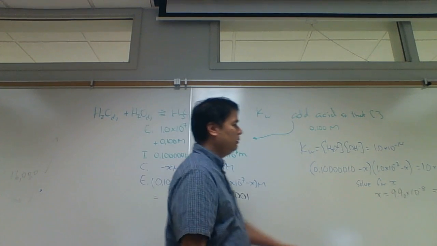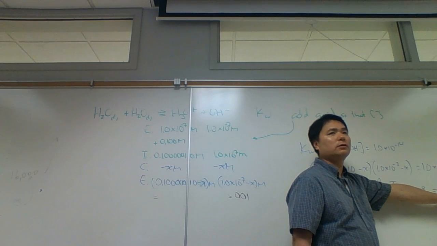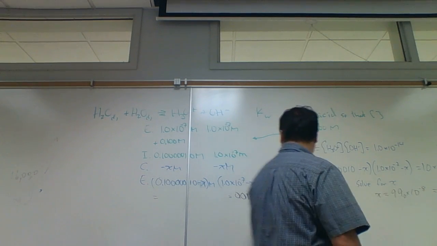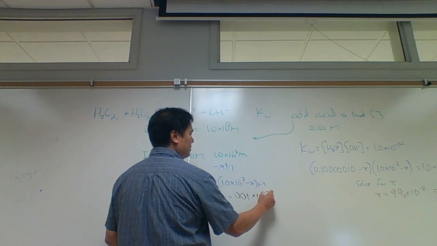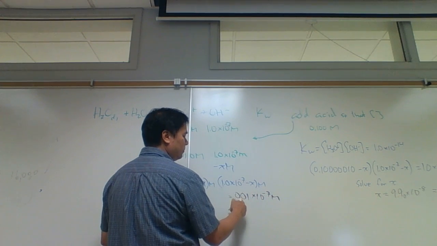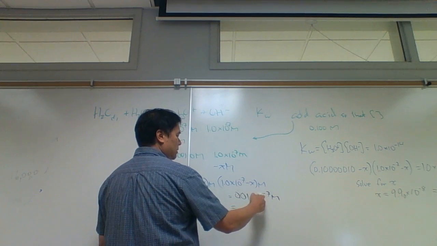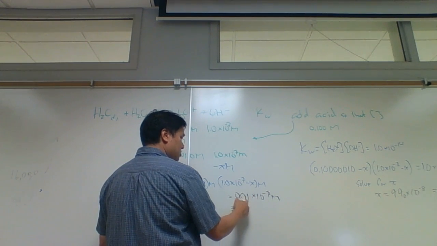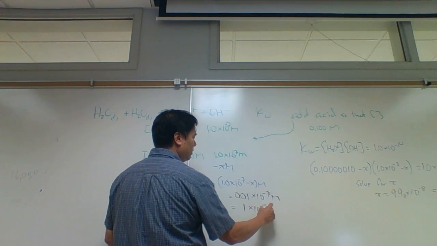It was only two decimals, 0.99, and then the third was 0. Is that right? Yeah. Okay. And so this should be 0.01 times 10 to the minus 7 molar, which means we move the decimal over 2 and make the exponent smaller. So this would be 1 times 10 to the minus 9 molar.